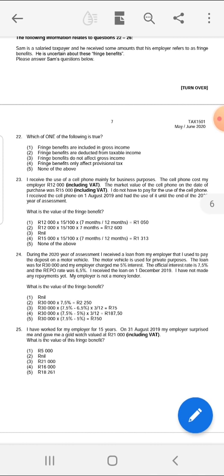Fringe benefits are deducted from taxable income. Fringe benefits do not affect gross income. Fringe benefits only affect provisional tax. So which one is correct? The information that is true here is option 1, since fringe benefits will be included in gross income.